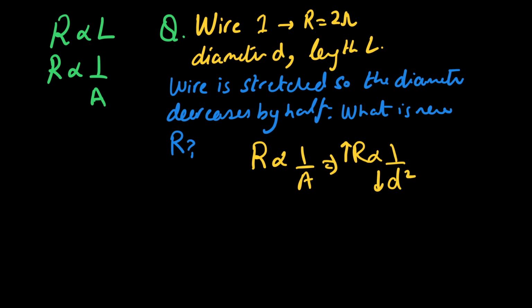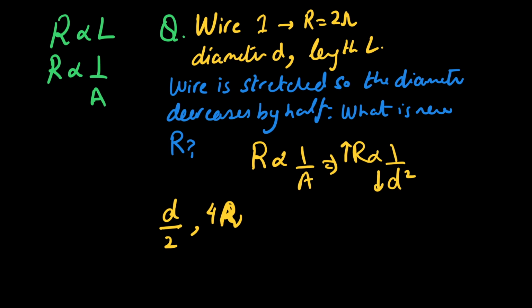That is wrong. Why is that the wrong answer? The concept is not wrong. The concept was that if the diameter has gone down by 2, then the area must go up by a factor of 4. The resistance must go up by a factor of 4.